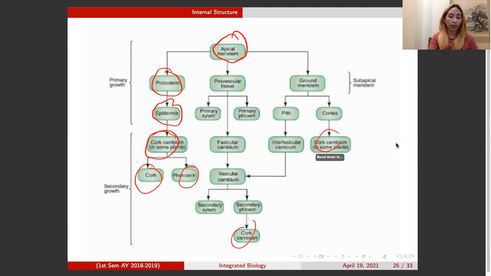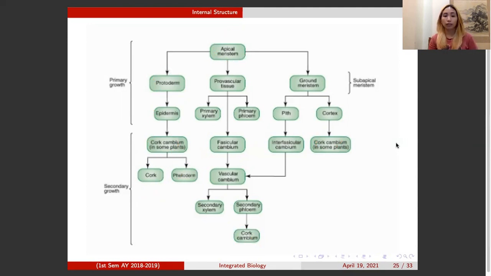So this is just a diagram that shows us the fate of the tissue. You will also see here which tissues are involved in primary growth and which tissues are involved in secondary growth. So this is what this slide is for.